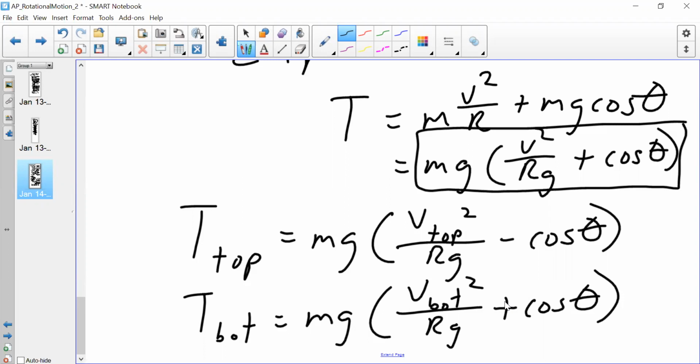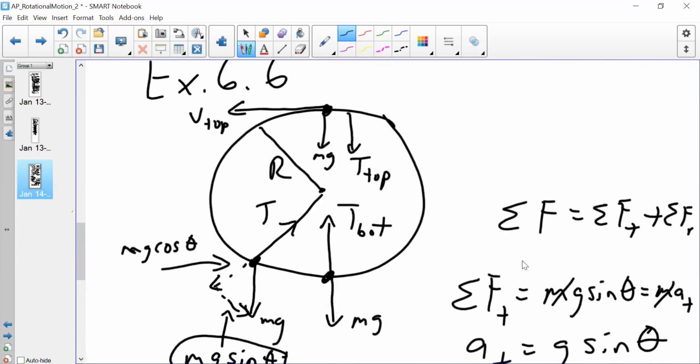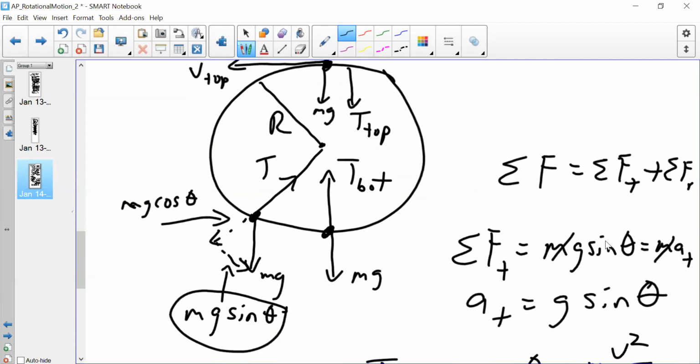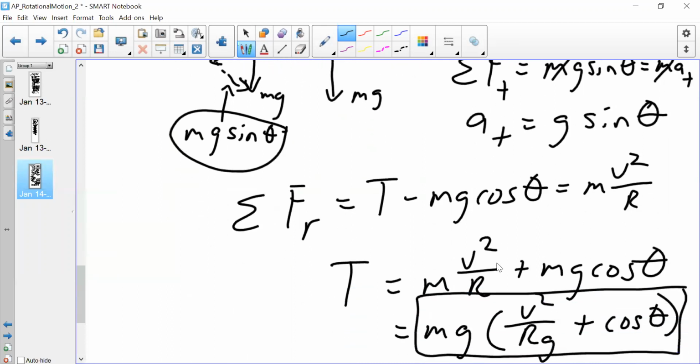Okay, so there's a couple of questions that deal with that logic for your homework, just giving you the basics on how to set this up. So again, finding the tension, you just find all the forces in the tangential direction, as well as the radial direction, and solve for tension.